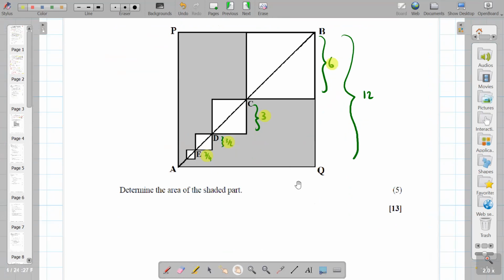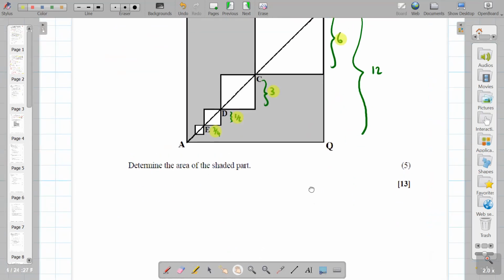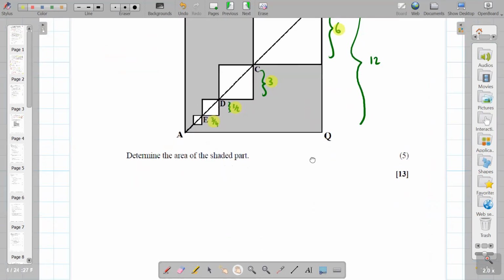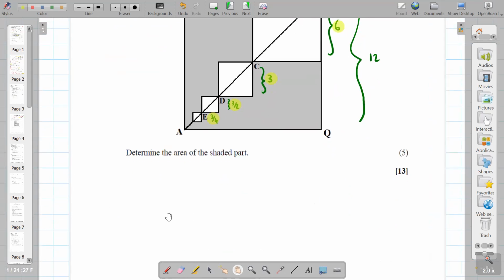So the area of the shaded part. What we need to do is find the areas that we removed. Basically, I can just write a condition. So the area of the shaded region is the area of the big square minus the areas removed, the sum of 10 squares.